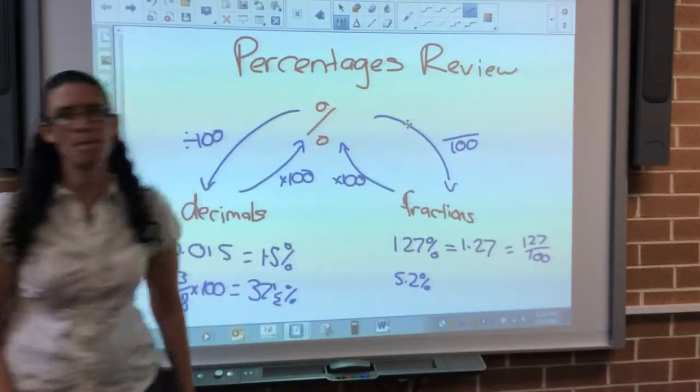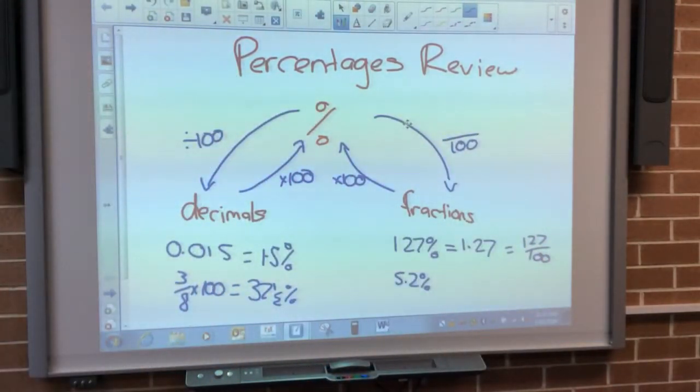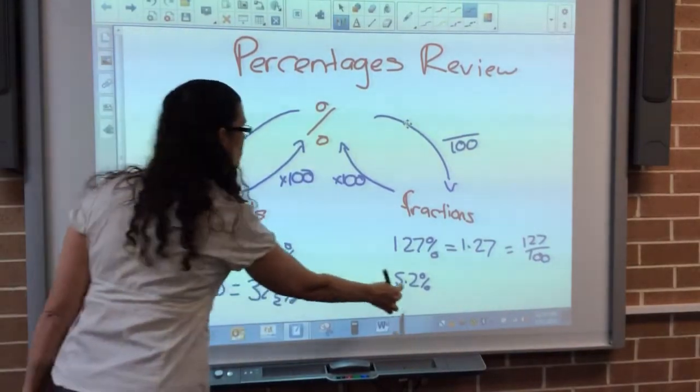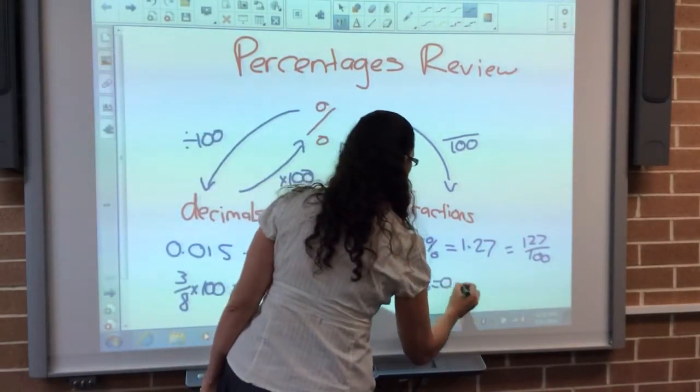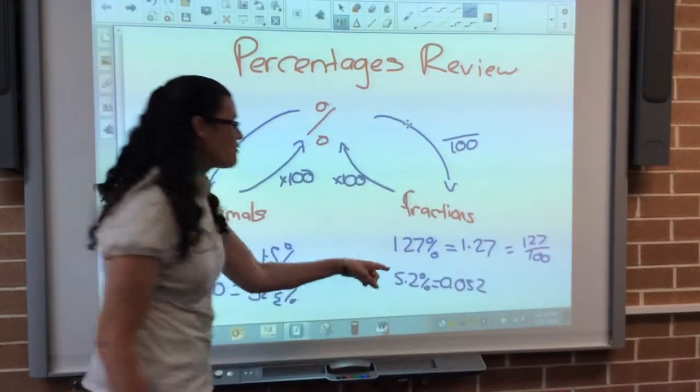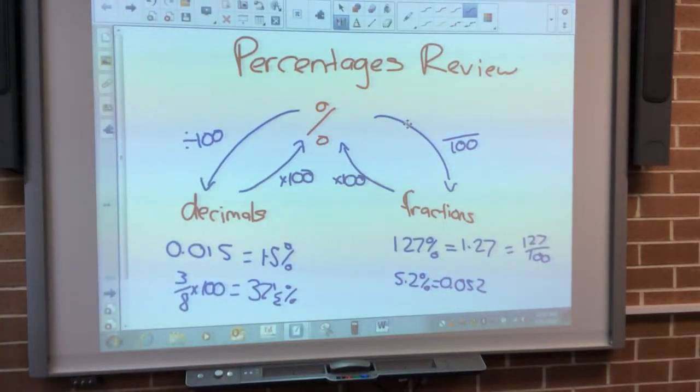Does that simplify? No. Okay, 5.2%, what's that as a decimal? 0.052. So I'm going to jump back twice. 0.052. And 5.2% as a fraction.